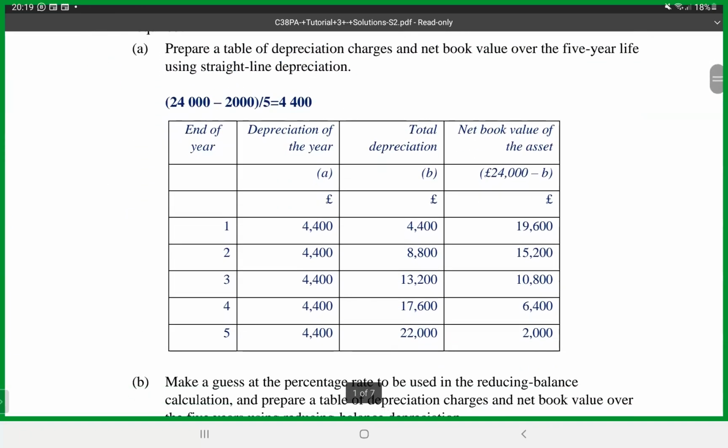We explained that it should be the cost minus the total depreciation, which gives us the net book value.